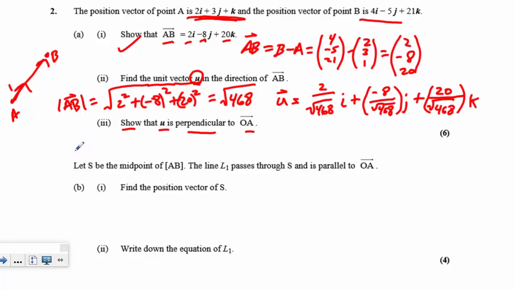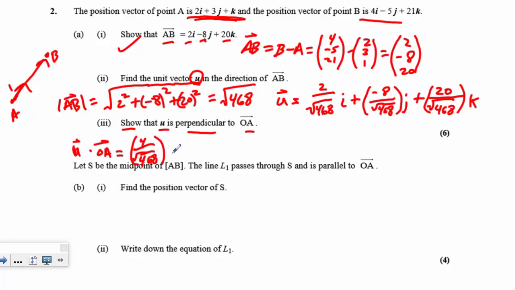So we're going to say U dot product with OA is going to equal 2 times this right here. So I'm going to get 2 times 2 on the top here, which is going to be 4 over root 468. Okay.